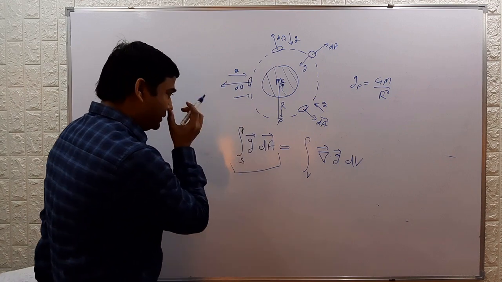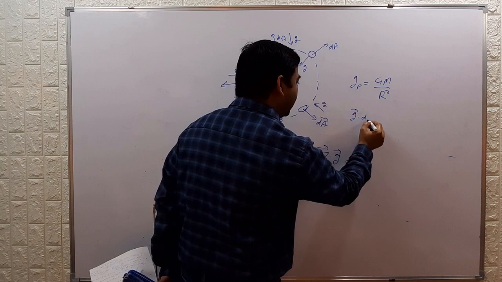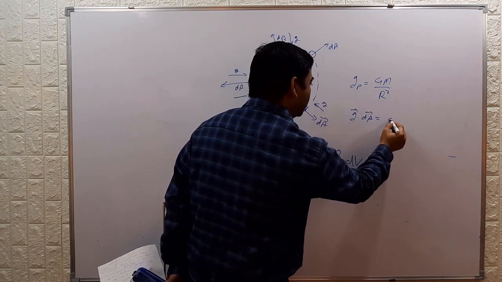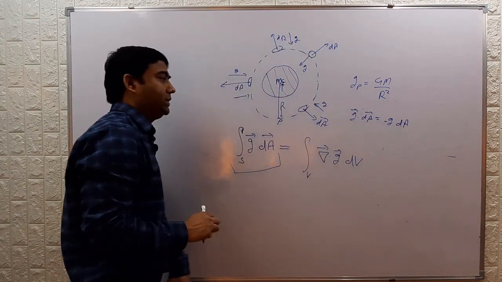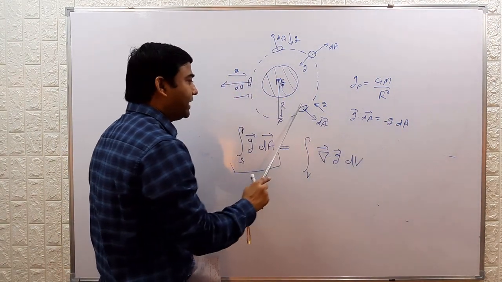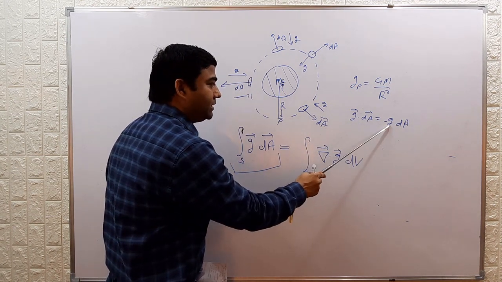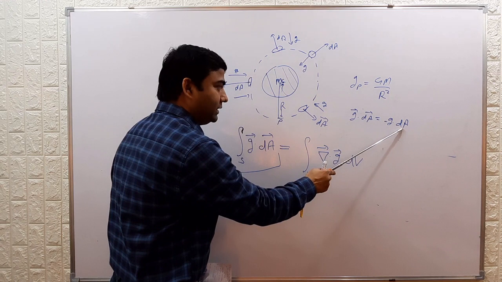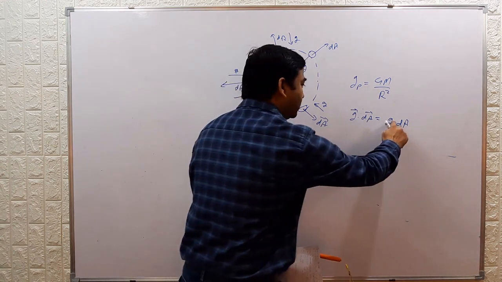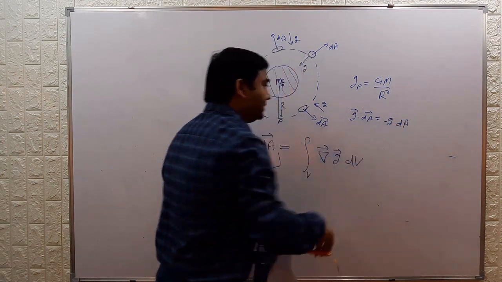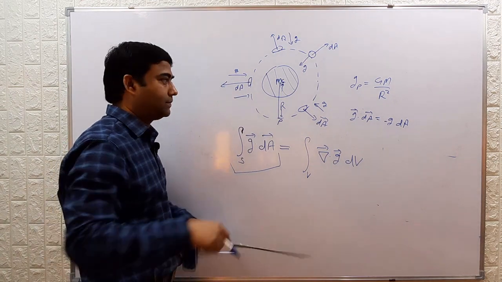Because G and dA are in opposite directions, G dot dA is equal to minus G into dA. For any small element, G dot dA is the magnitude of G into the magnitude of the area dA, and this will be negative because both vector G and vector dA are in opposite directions.